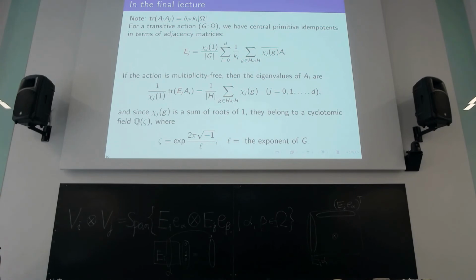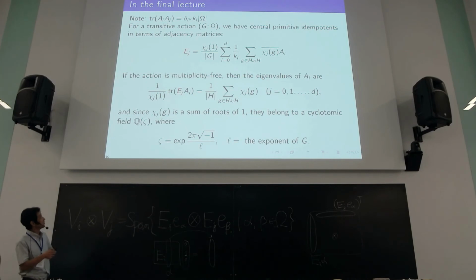So this number belongs to this field, and you can compute the trace of Ej times Ai by multiplying by Ai from the right and then computing the trace, but then the only non-rational thing which might occur is this one.